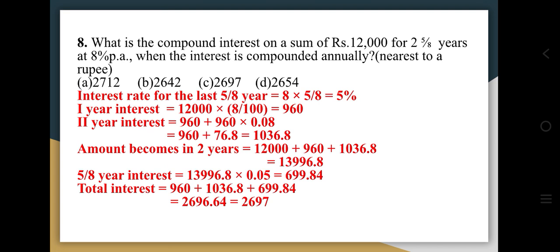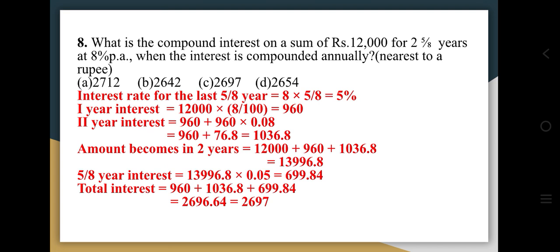So first we have to find the amount accumulated in the second year. That is what the amount becomes in 2 years. The principal amount is 12,000. The first year interest is 960. The second year interest is 1036.8.